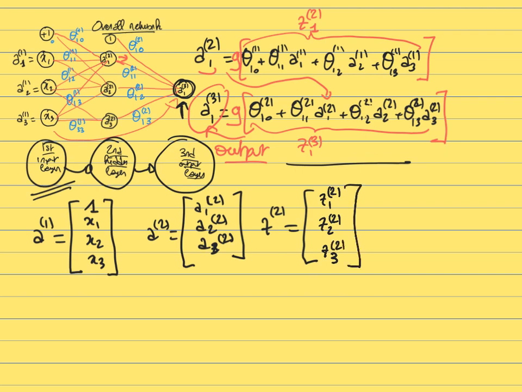And then this vectorial notation allows you to write the relationship of one layer to the next, how you go from the values of the neurons in one layer to the next, in a more compact way.